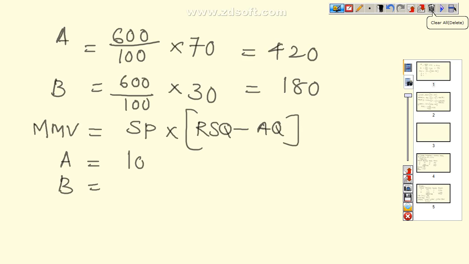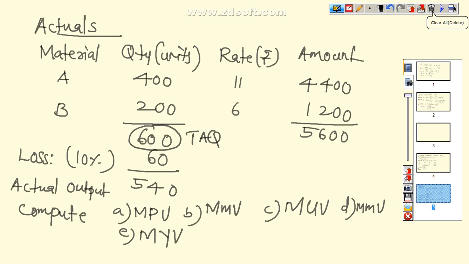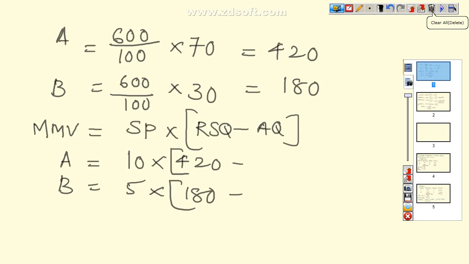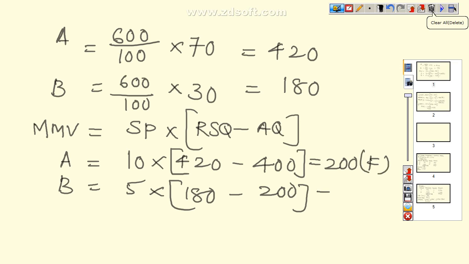So we write 10, 5 into RSQ, already calculated as 420 and 180, minus actual quantity, which we know is 400 and 200. The answer for material A is 200 favorable, positive, and for B it is 100 unfavorable. So the final total is 100 favorable.